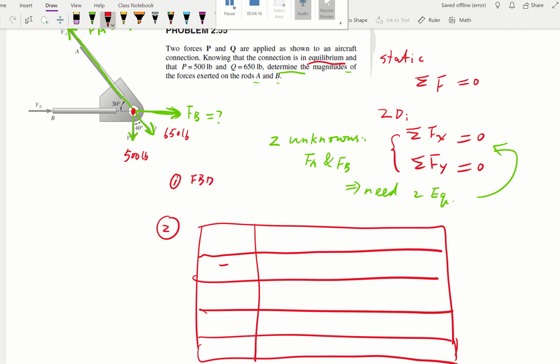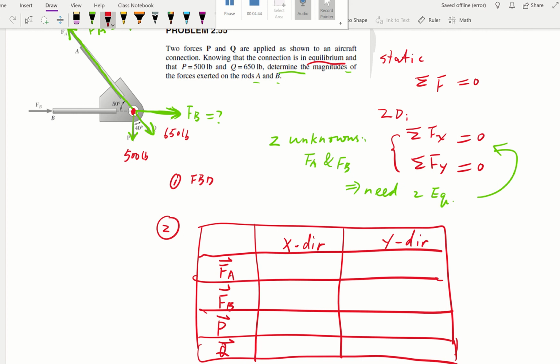We're going to list all four forces: FA, FB, force P, and force Q. I'm going to put a hat on each of them. Why? Because they have direction. It's a force, it's a vector.